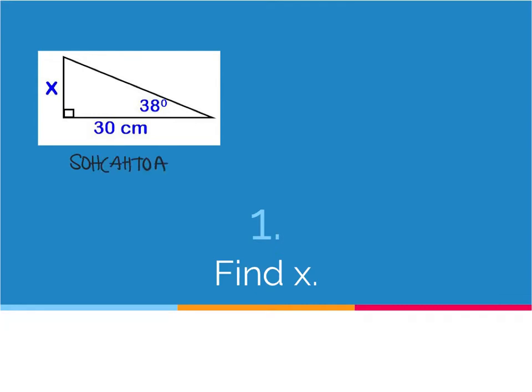to find x. I can see here I have my angle. I want to find the opposite, and I'm given the adjacent. So opposite, adjacent is using tangent. Tangent of our angle, so tangent of 38 equals the opposite, which we don't know, which is x, over the adjacent, which is 30. We need to solve for x, so we're going to multiply both sides by 30.